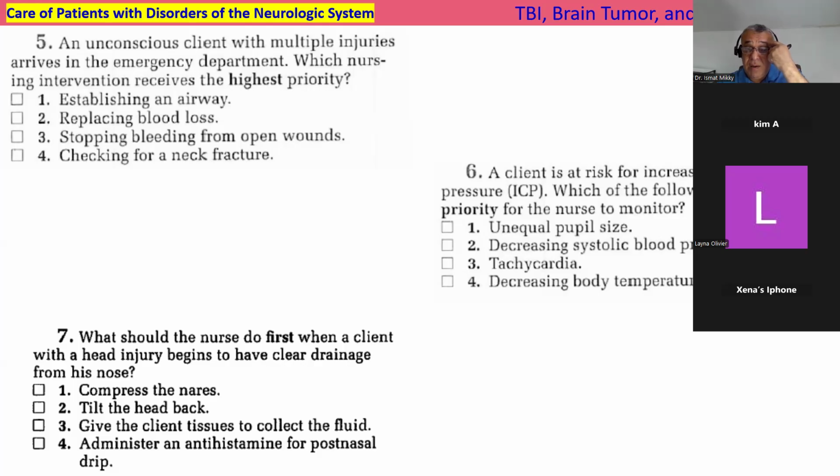We test the halo sign by allowing the drainage to get onto a piece of tissue or gauze, and you will see a clear liquid surrounding the blood clot. That's a positive halo sign for CSF drainage.